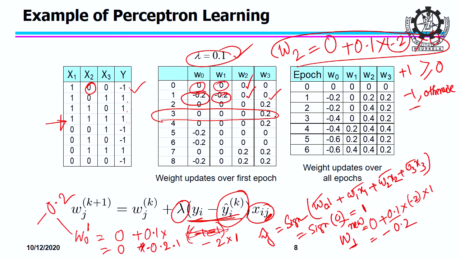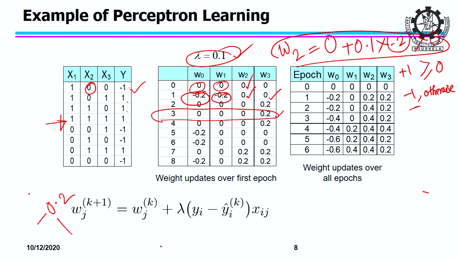So, the current weight we consider is this one. What is that? W 0 is 0, W 1 is also 0, W 2 is also 0, W 3 is 0.2.